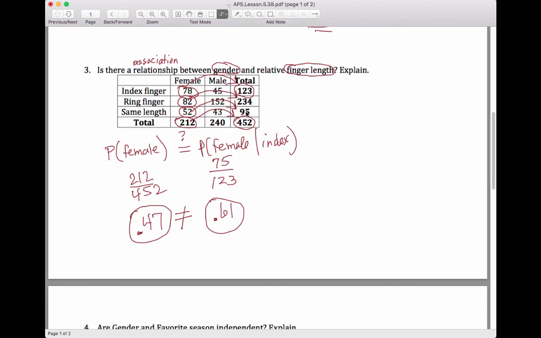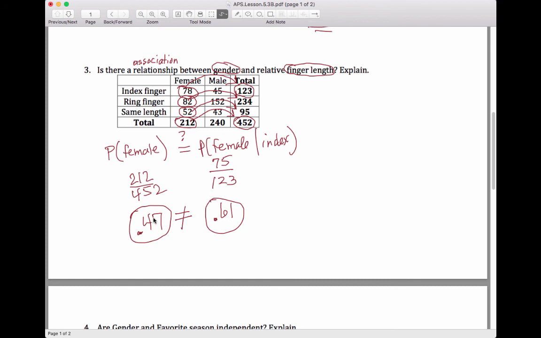We would probably give them 1 or 2% wiggle room. But if all of these happen to be about the same percent, then we would say, well, gee, there's nothing going on. You get the same percentage of females in every single finger group. And that's what independence would look like.